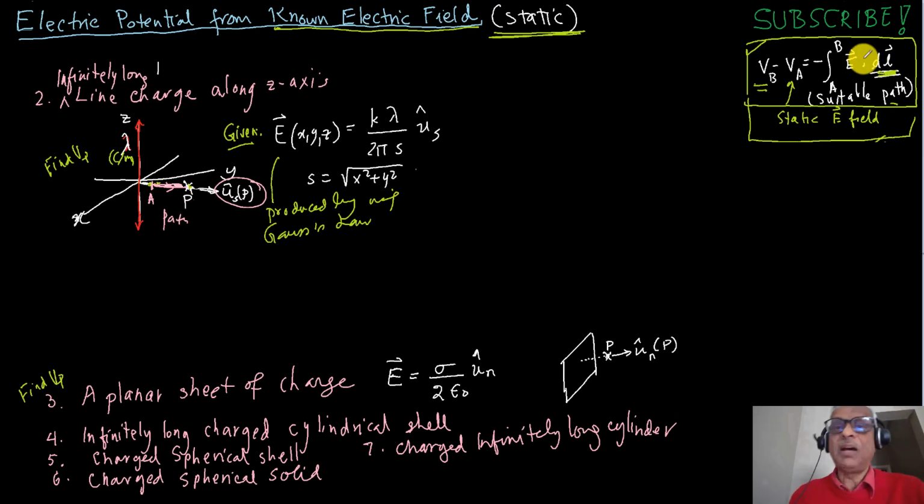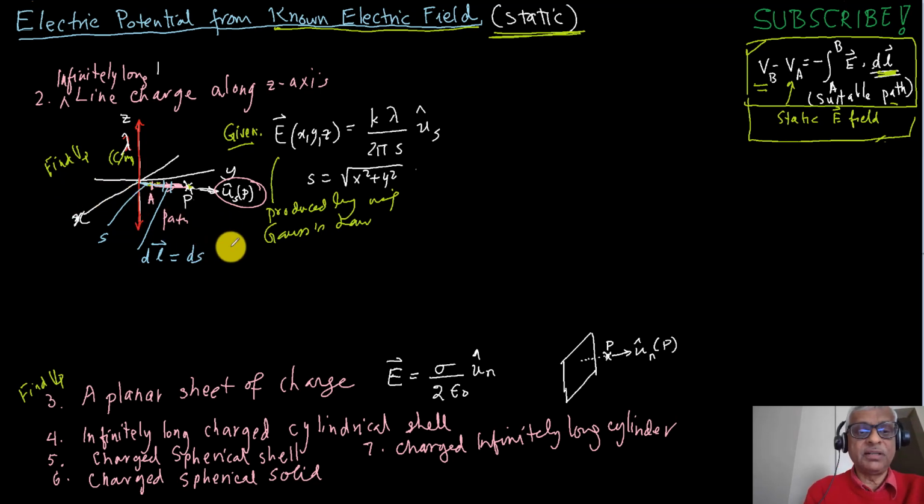And on that path, I pick a little dl. So it's along that path, at s. Let's call that distance s. So this one is dl, and the dl is going to be distance ds.